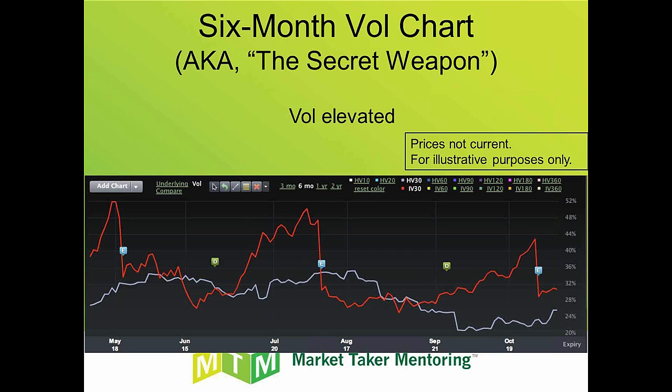So this is good for some of you advanced folks here. Why would I use the 30-day IV and the 30 or 20-day HV? Well, I use the 30-day implied volatility because, remember, I want to try and keep the time to expiration, ideally, under 4 weeks if I can. So that's 30 days.